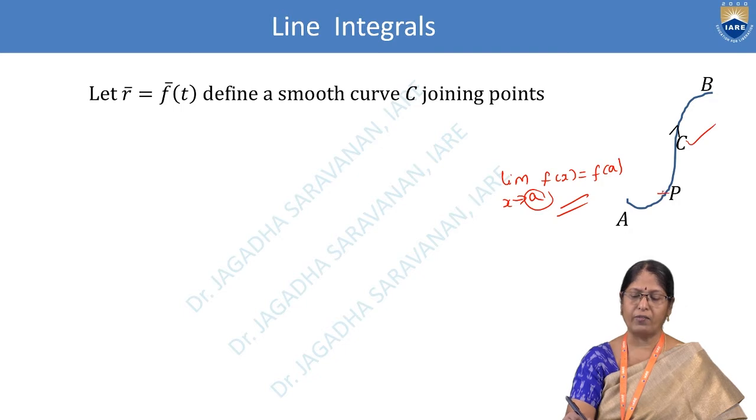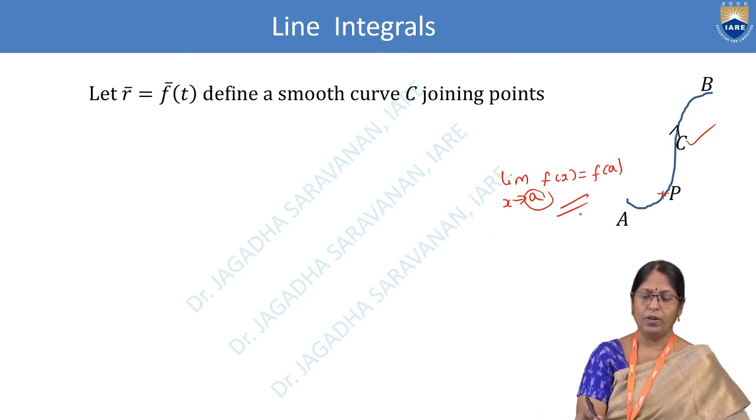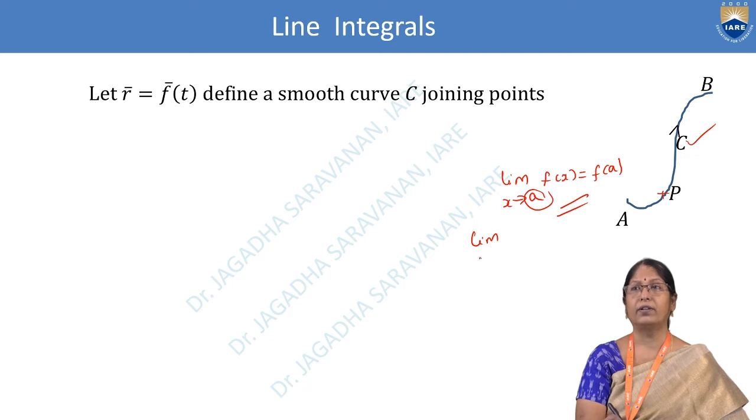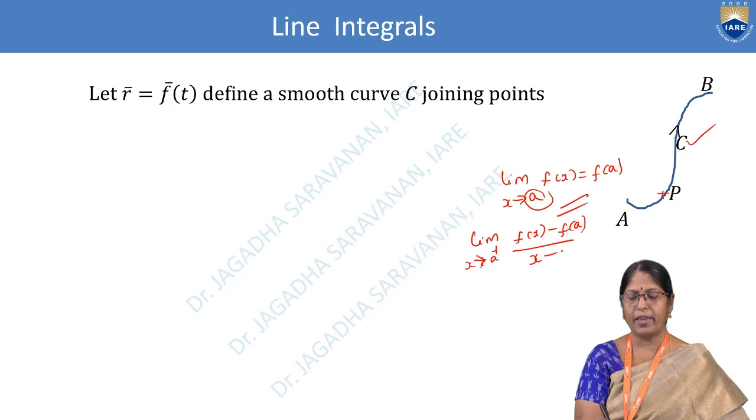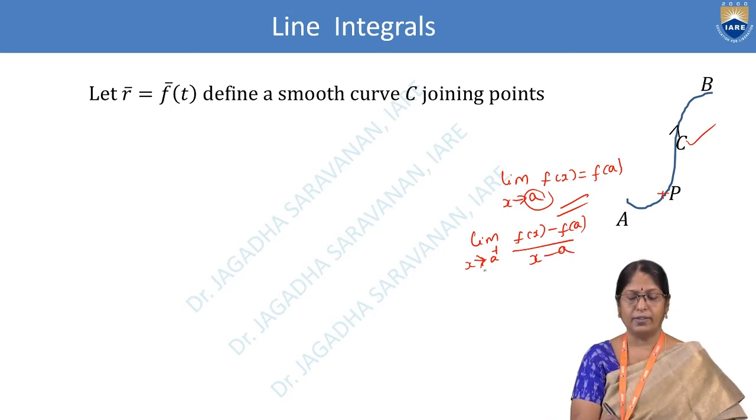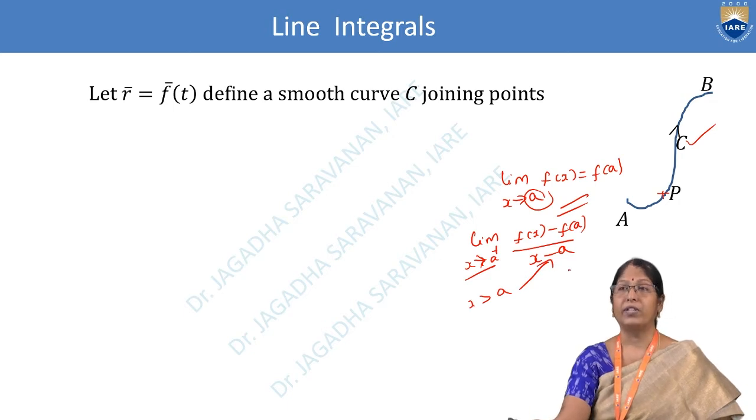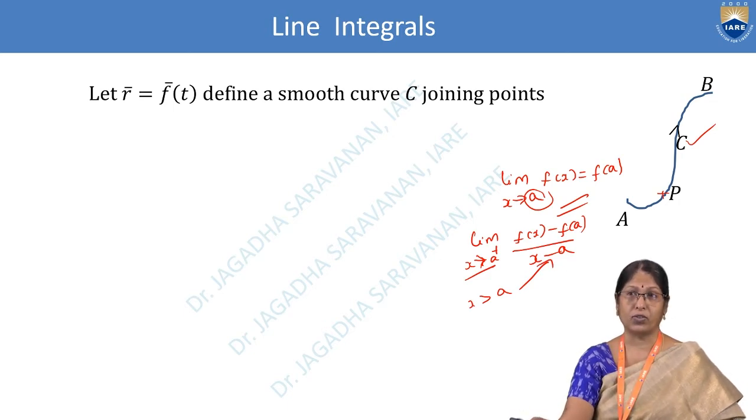Now we have taken our point as P, which is on the curve. Now, for differentiable: limit x tends to a plus of f of x minus f of a divided by x minus a, where x is greater than a. We substitute and get the result.